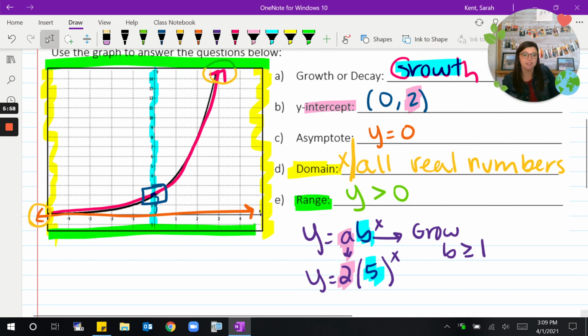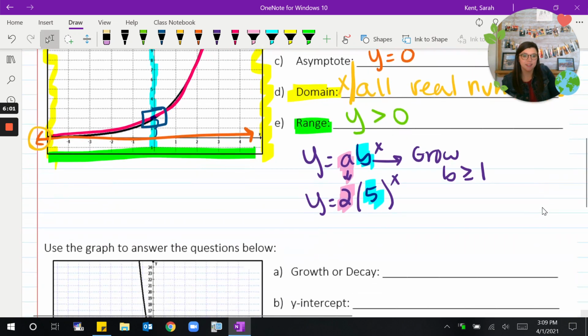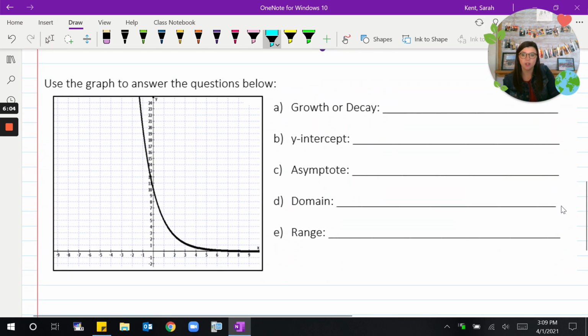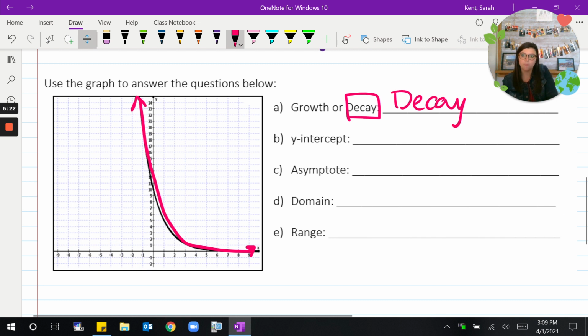Okay, now let's look at one more. All right, here we have another graph. Again, we want to start by seeing, is this a growth or a decay? From left to right, we can see this line is very quickly going down. So since it goes down, it would be decay. And then for the y-intercept, we want to look at where it crosses the y-axis.